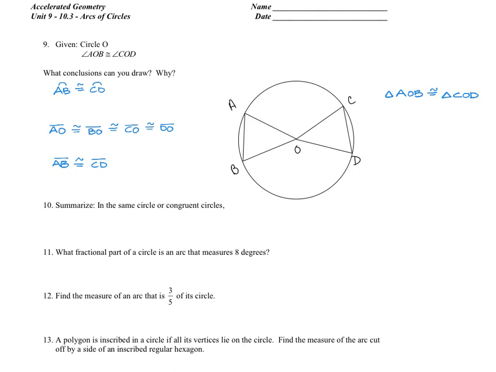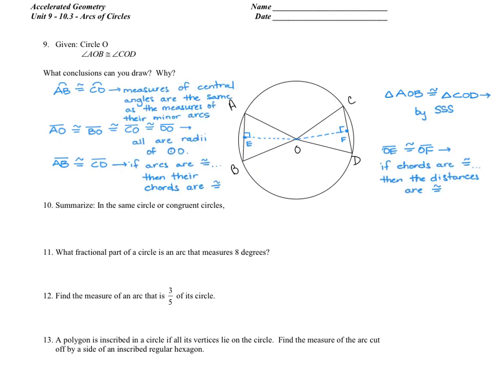And if I drew in the distance from the center of the circle to each of those chords, then I would know that those two segments that I just drew, segment OE and segment OF, are also congruent. Because if chords are congruent, then the distances to those chords from the center of the circle are also congruent.